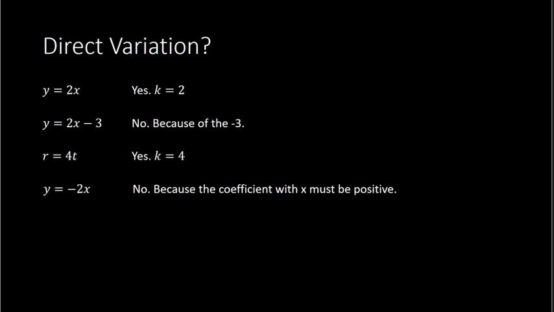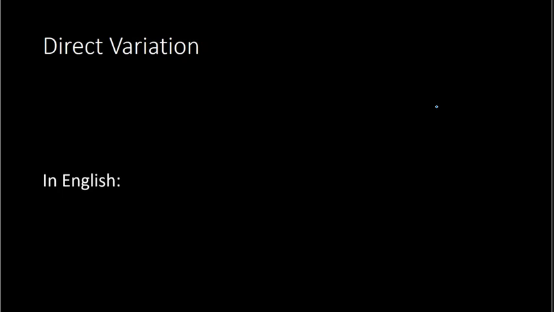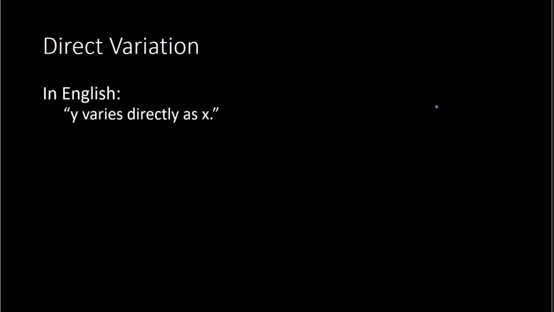So let's begin by working with translating from English into math notation. Let's say we were told in English that some value y varies directly as x. Y and x can be anything. It could be representing the pay and the hours, or the amount of time that you run and the calories burned, or whatever.